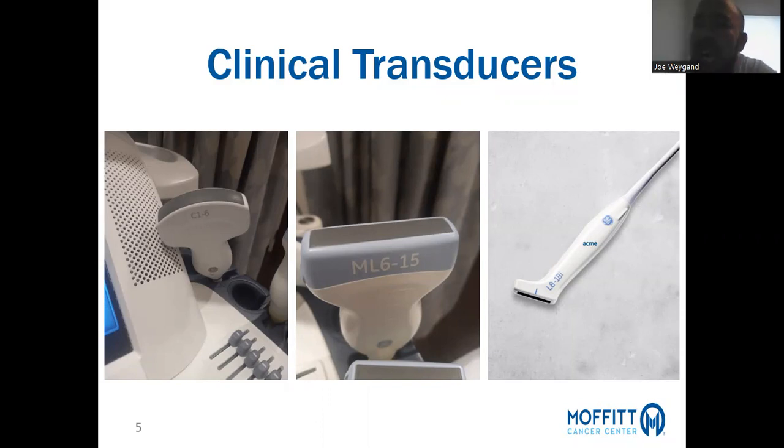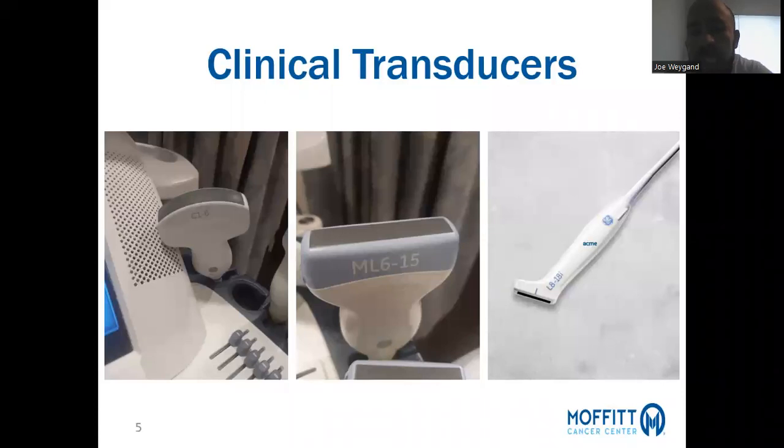If you remember from the last lecture, the larger the frequency of the sound wave, the more attenuating it is, so the less penetrating it is. So something like this with a very small frequency range would be good for imaging deeper structures in the body. In the middle image, you have a transducer labeled ML6 to 15.